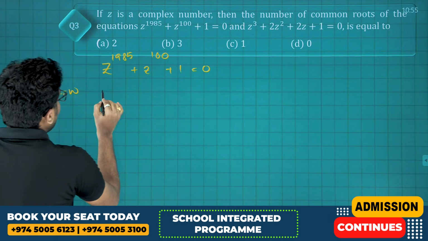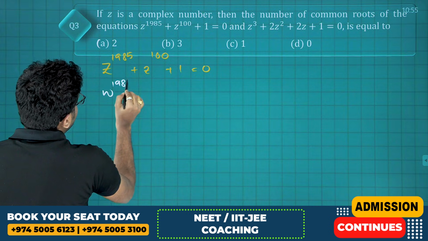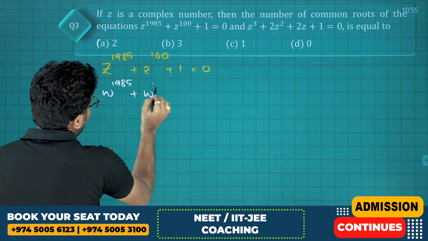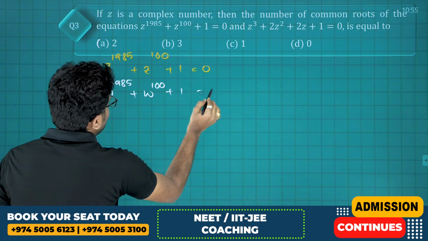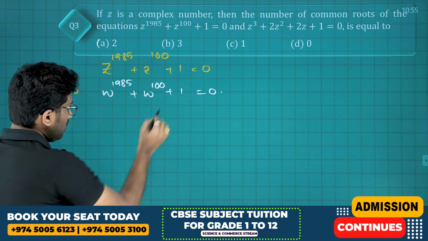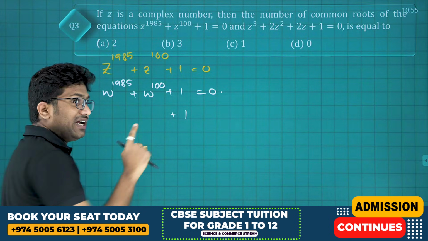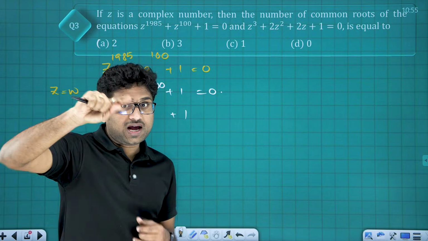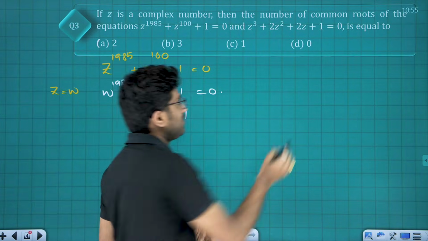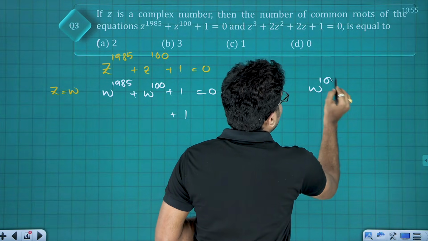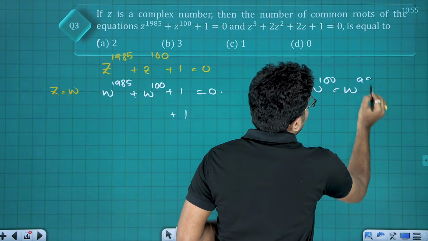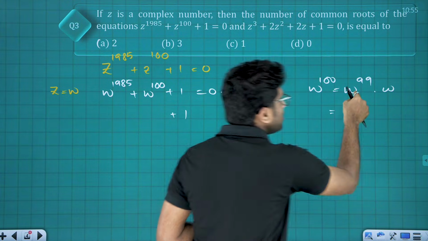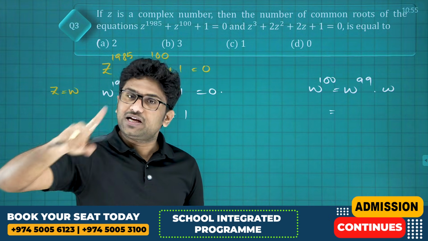So omega power 1985 plus omega power 100 plus 1 equals 0. Omega power 100 we can write as omega power 99 into omega. See friends, omega power multiples of 3 is always 1.